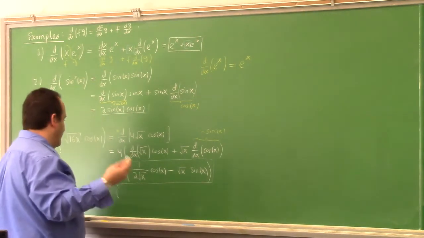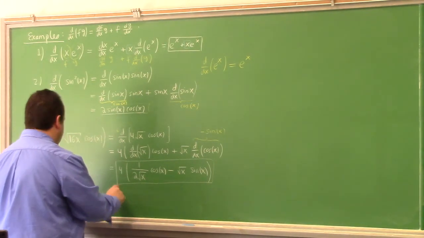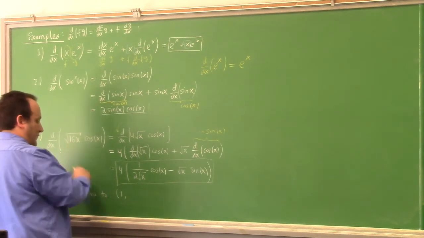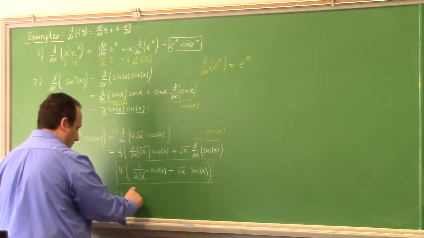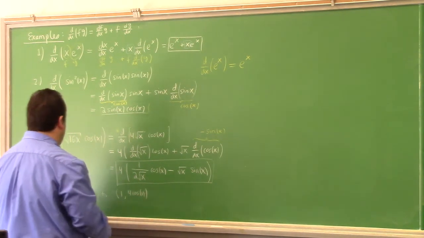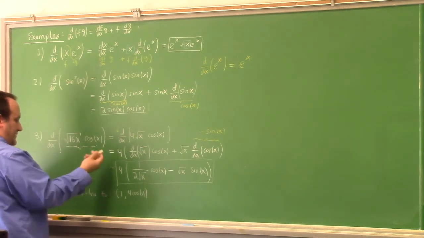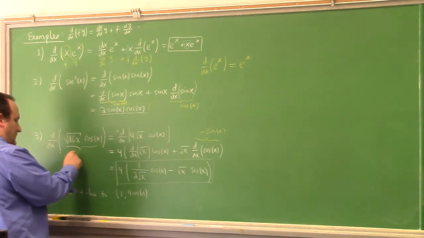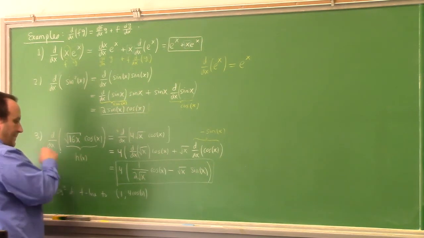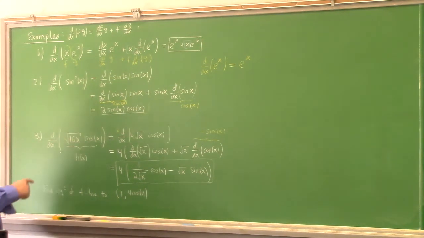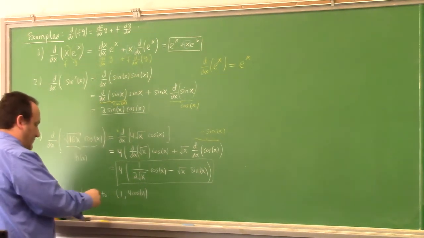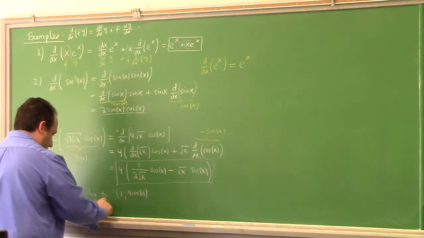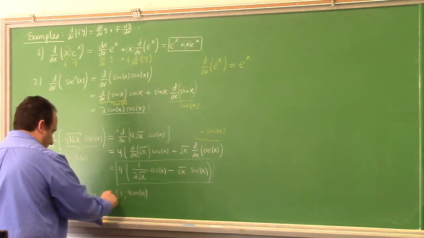So let's do it at 1. What's the value of this function at 1? Well, it's 4 cosine 1. So I'm going to call this whole thing h of x. So find the tangent line to y equals h of x at that point.